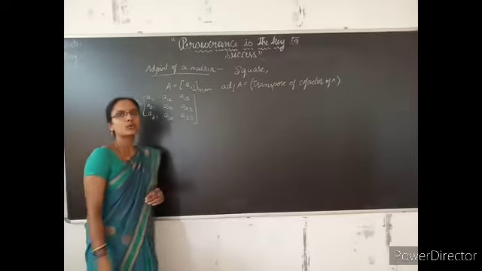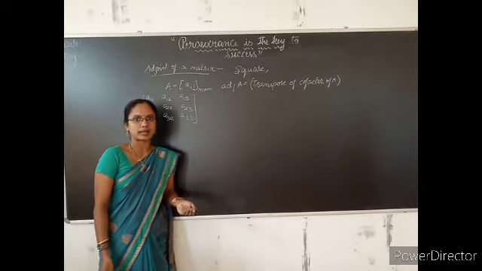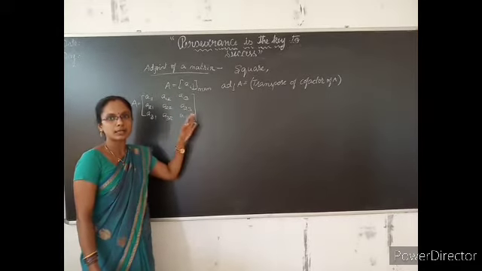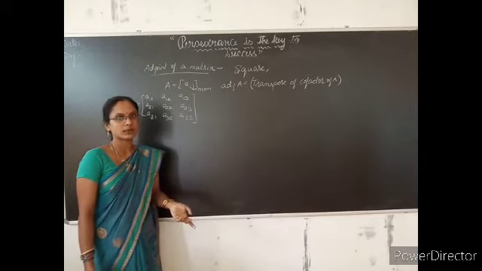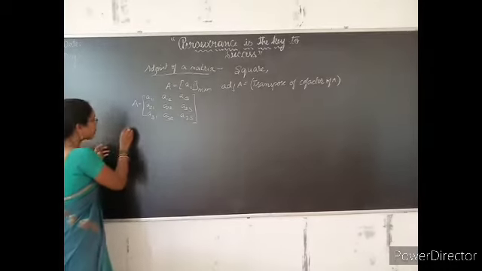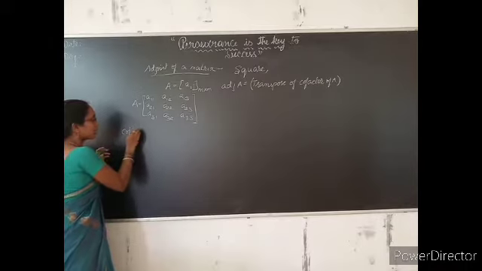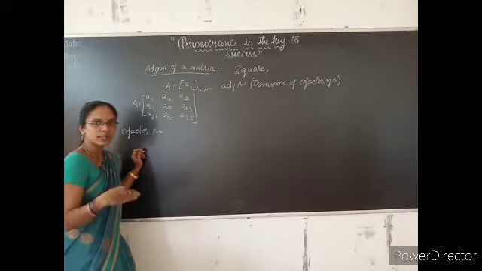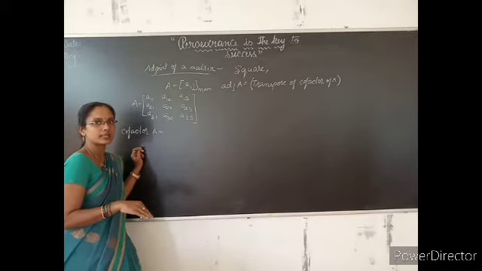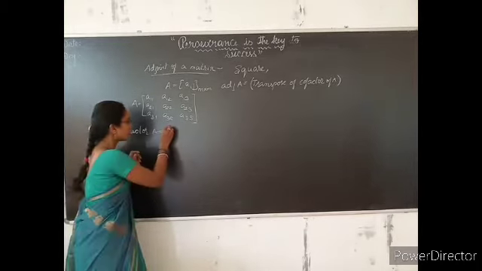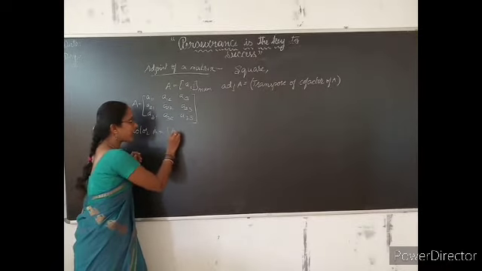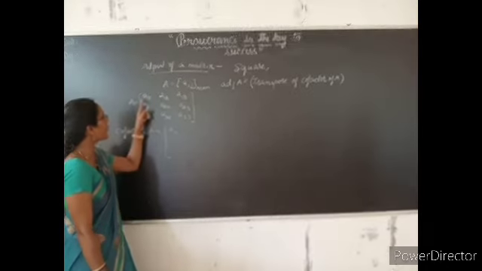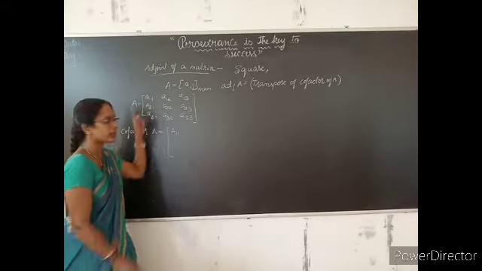You know how to find the cofactor of an element, so by considering each and every element of the determinant, you can find the cofactor matrix of A. The cofactor of A is also a matrix. This is denoted as capital A11, which is nothing but the cofactor of the element small a11.